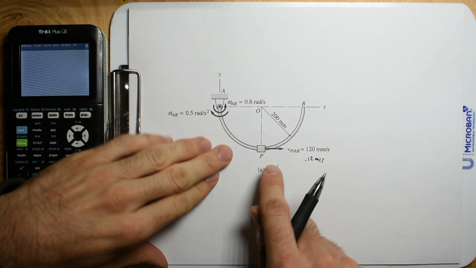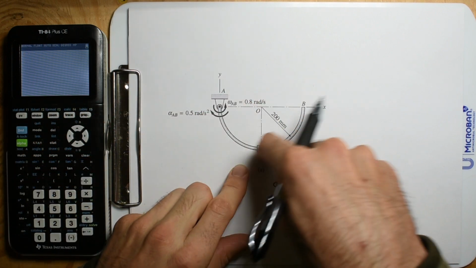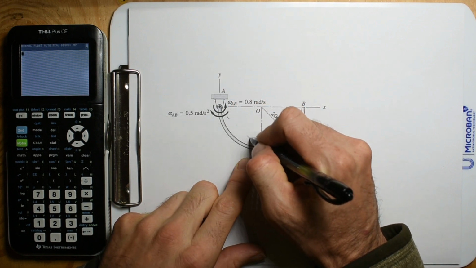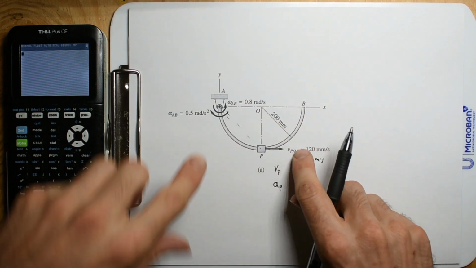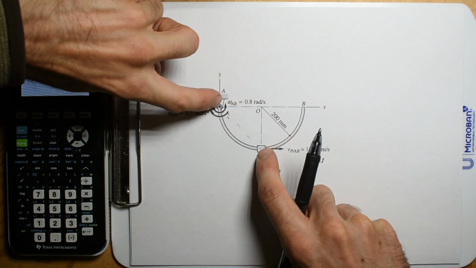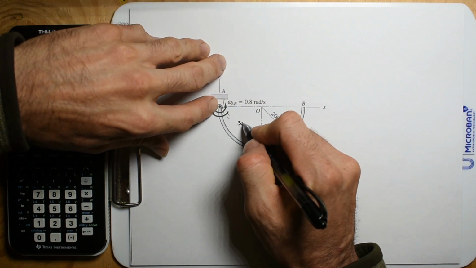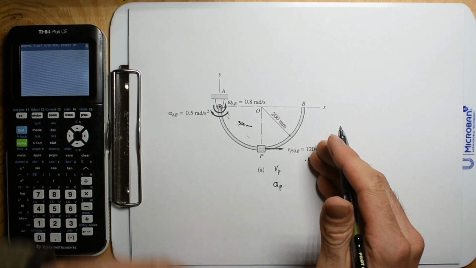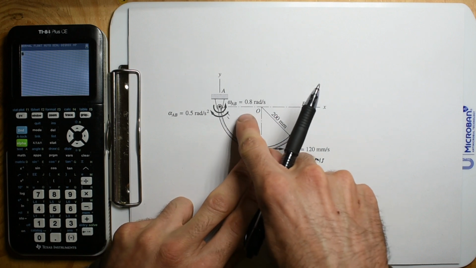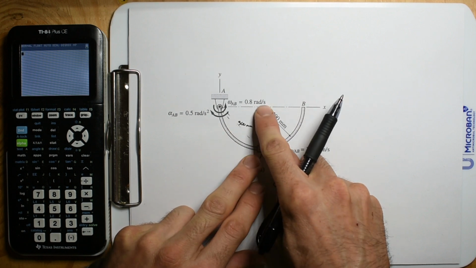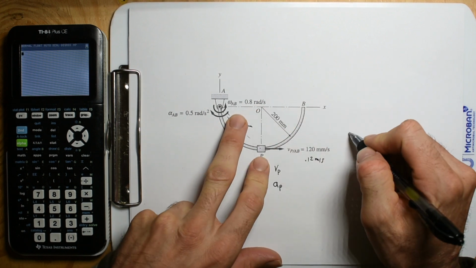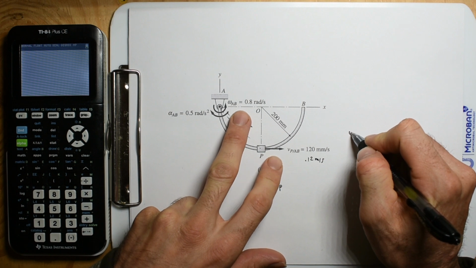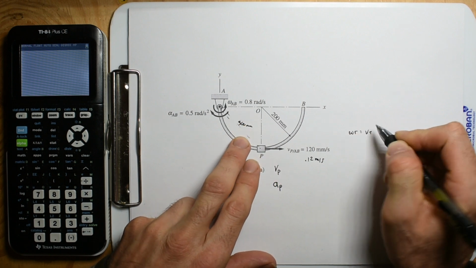But we know that this thing is rotating and it's a distance away. So let's just guess this distance. If this is 200, maybe this is 300 millimeters. And then we have an angular speed of 0.8 radians per second. Like we said, omega times radius is tangential velocity.